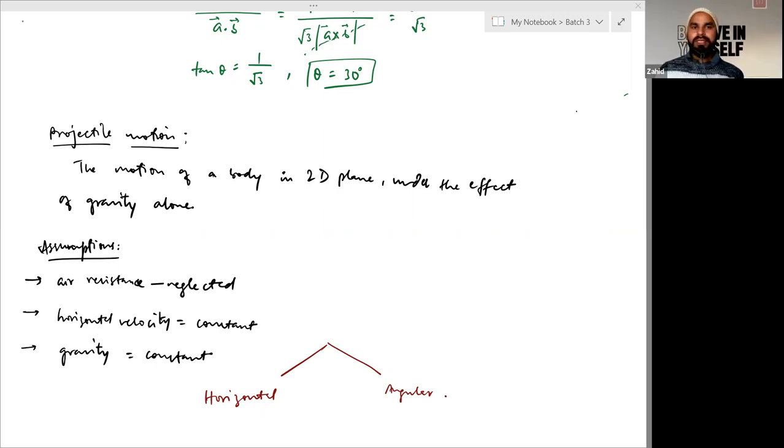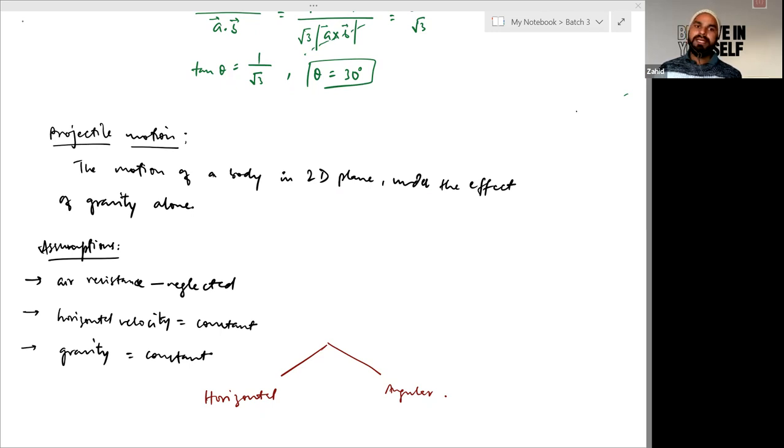What do you mean by projectile motion? It will be motion of a body in two-dimensional coordinate axes, that is along x-axis as well as y-axis, both simultaneously, under the effect of gravity alone. Then this motion is termed as projectile motion. Now we have certain assumptions in this part. First is air resistance is neglected.